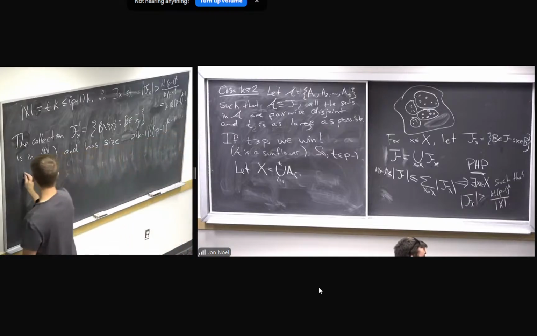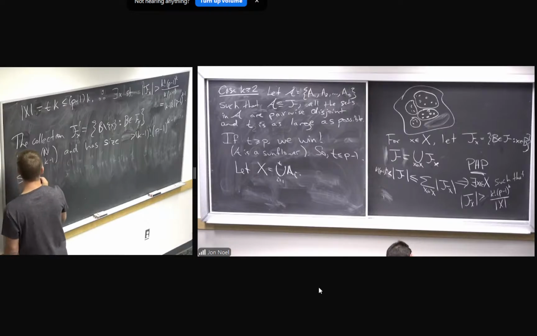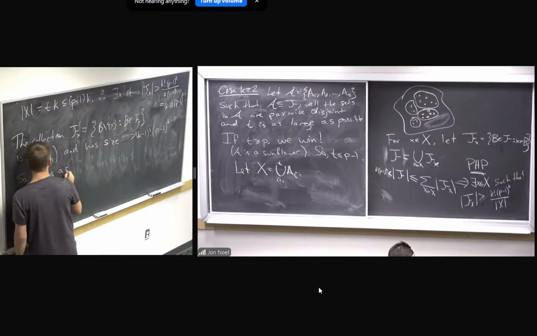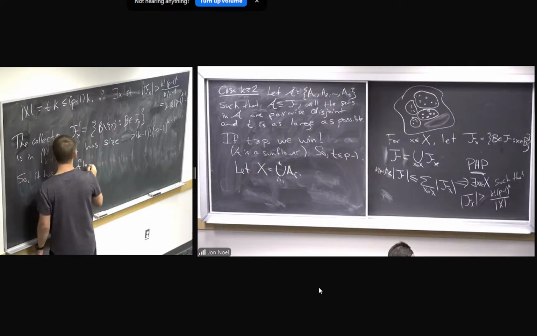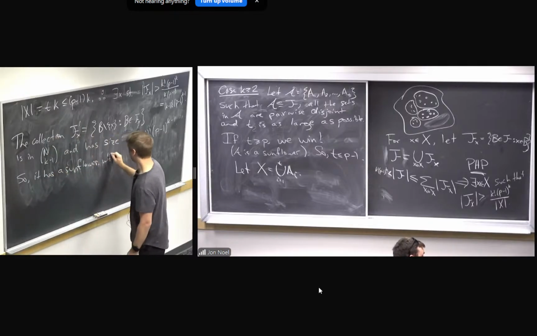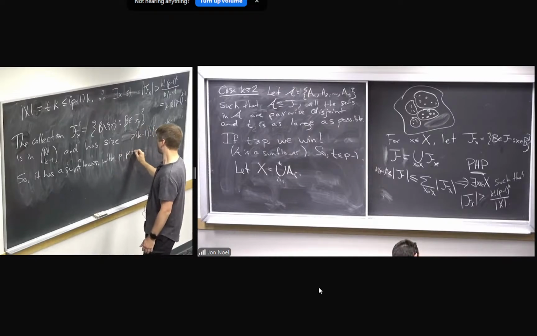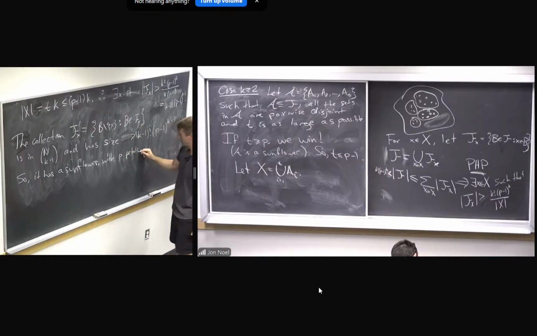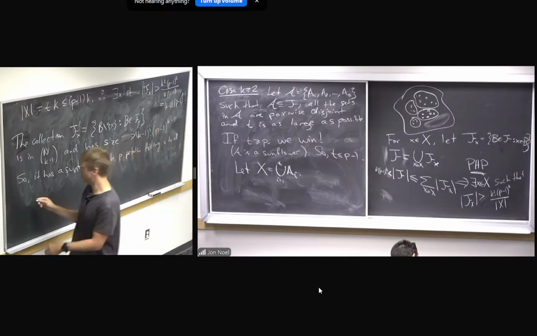So it has a sunflower with p petals, and then adding x to all sets in the sunflower gives us what we wanted.